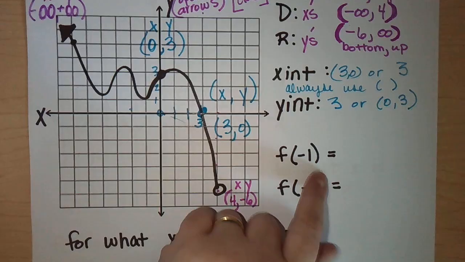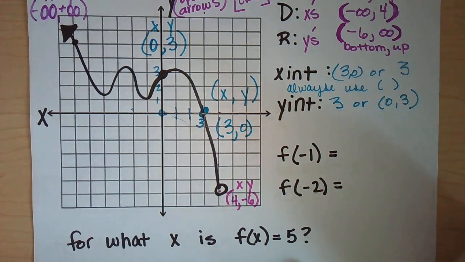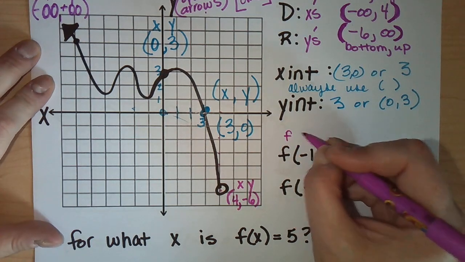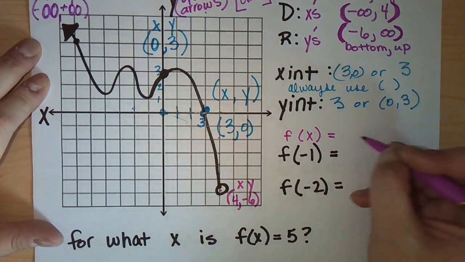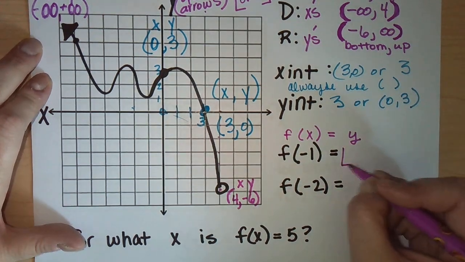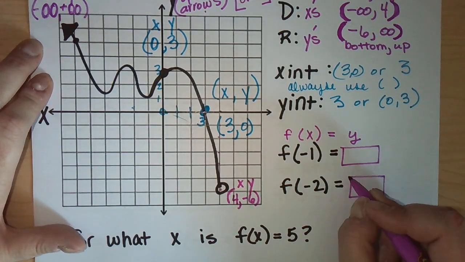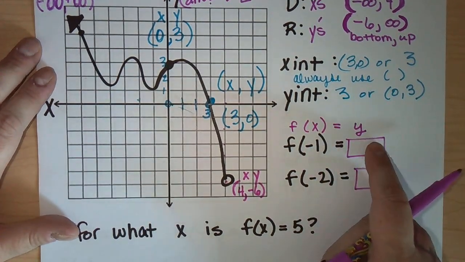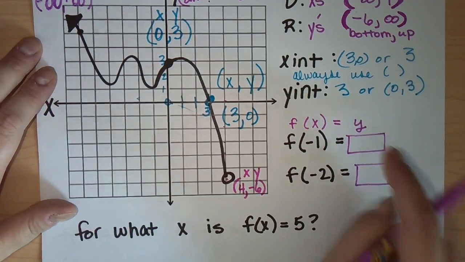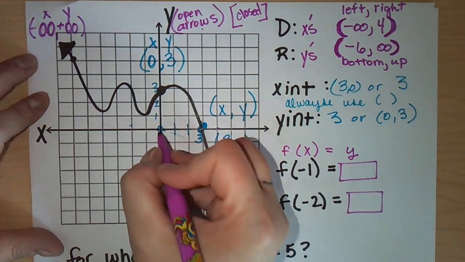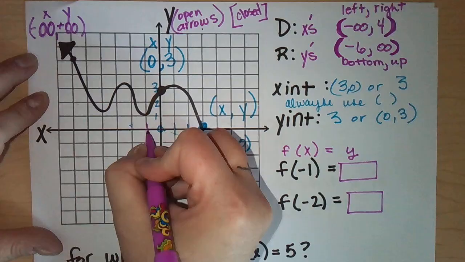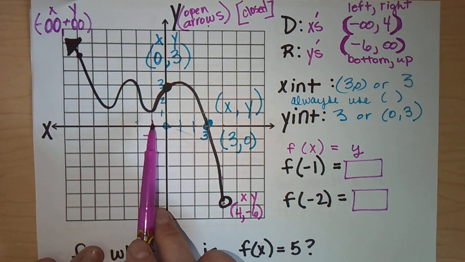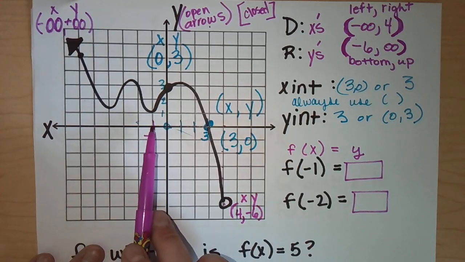Okay, let's look at f parentheses negative 1. Remember, this is like saying f of x equals y. So I need to know if my x is negative 1, what's the y? Well, let's find negative 1 on x. That's to the left. Okay, well, when I go to the left, I'm not on the curve. So you either rise up or fall down.